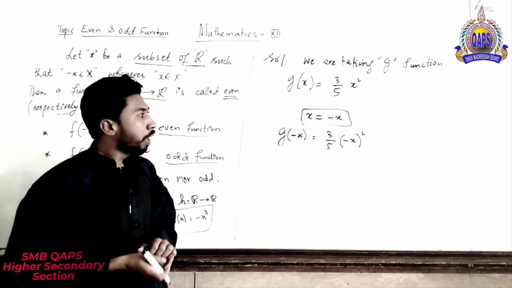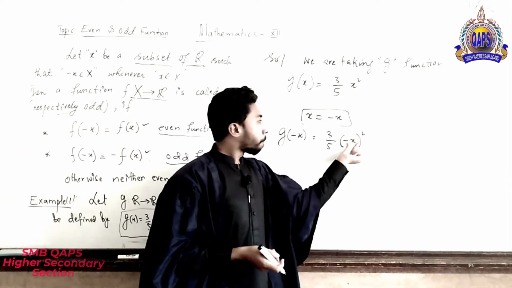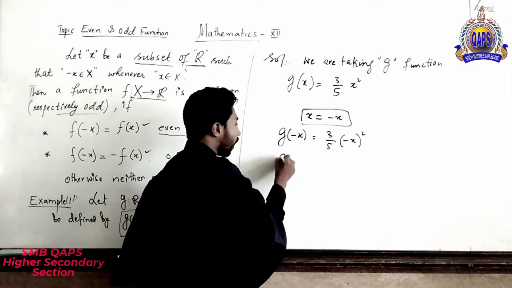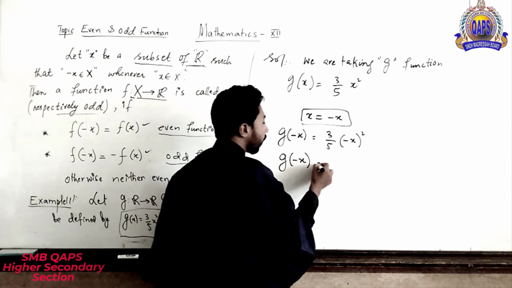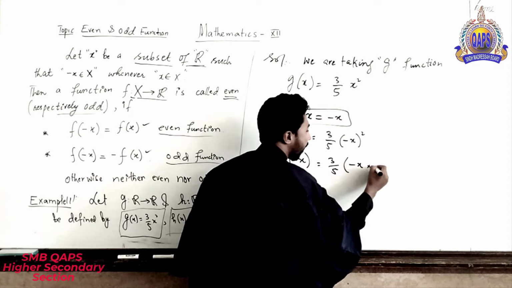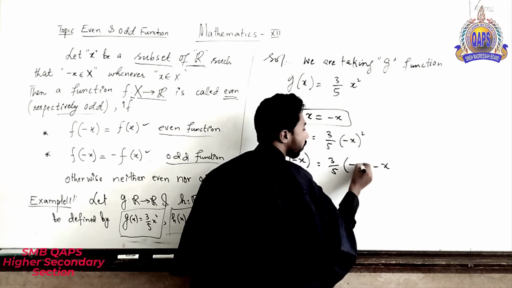Now if we break the square, x is multiplied by itself two times.